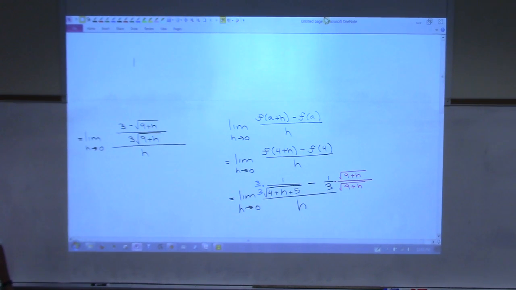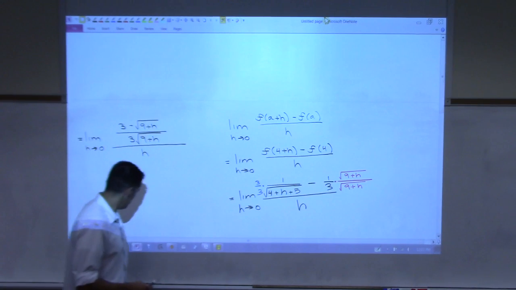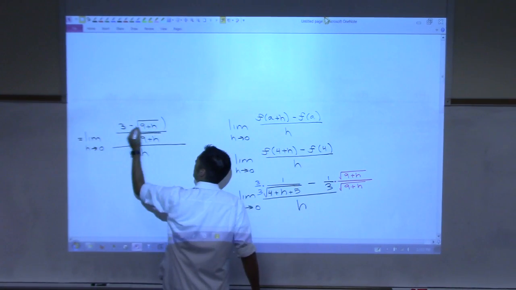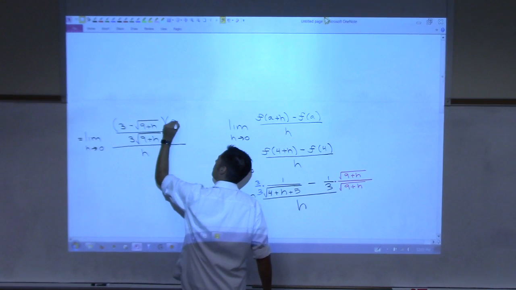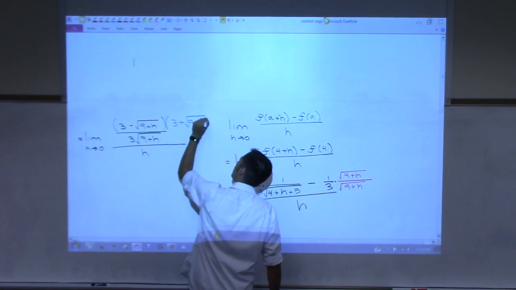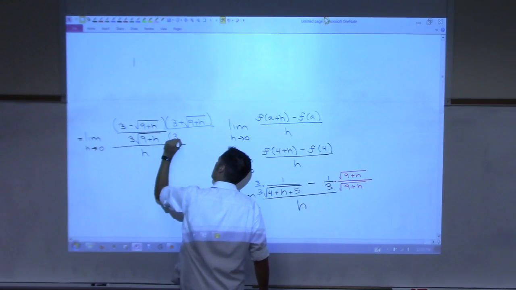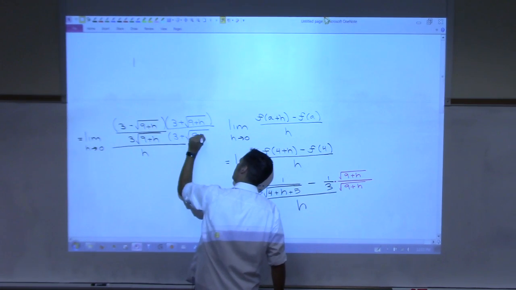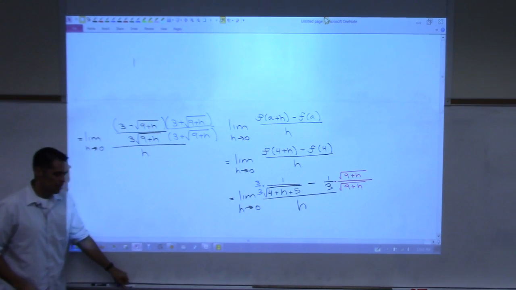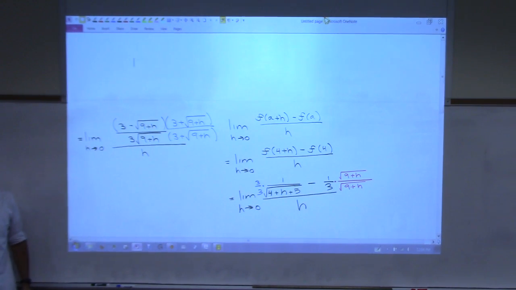Now what? Now the conjugate. So I'm going to do the conjugate on top there. This right here times 3 plus, that's the conjugate, root 9 plus h, over 3 plus root 9 plus h. And we should get good things on top, right?